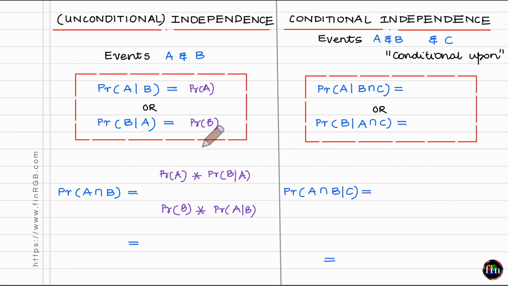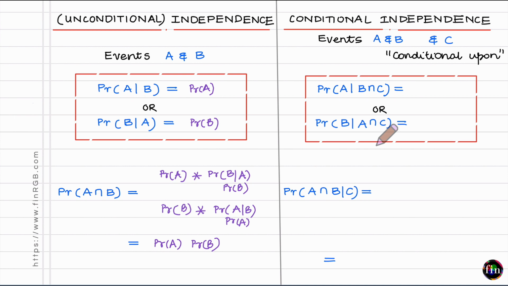I can pick from this box the probability of B given A to be just the probability of B, and the probability of A given B to be just the probability of A. Okay, so irrespective of how I write down this general formula, both of these ways are pointing to the same result, and that is, if A and B are independent, the joint probability of A and B is simply written as the product of their respective unconditional probabilities. Okay, the probability of A and B is simply the probability of A times the probability of B.